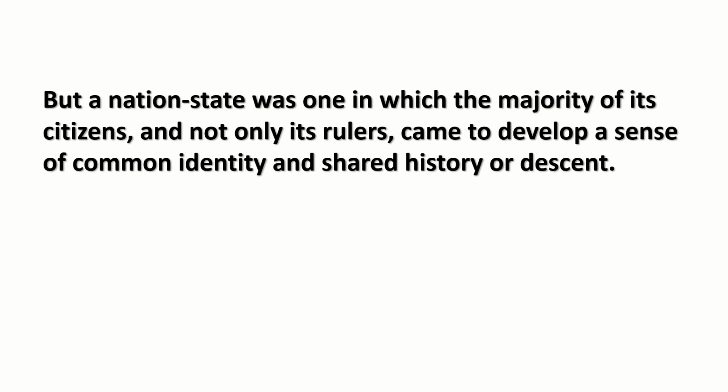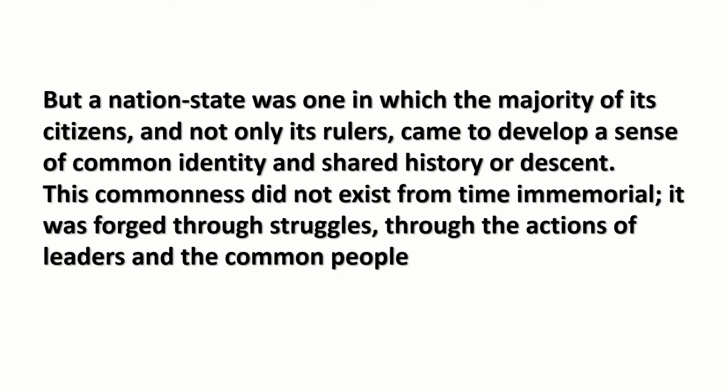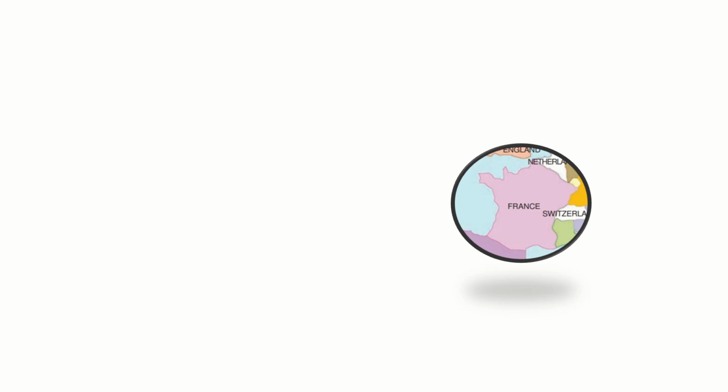But a nation state was one in which the majority of its citizens, and not only its rulers, came to develop a sense of common identity and shared history or descent. This commonness did not exist from time immemorial. It was forged through struggle, through the actions of leaders and the common people.